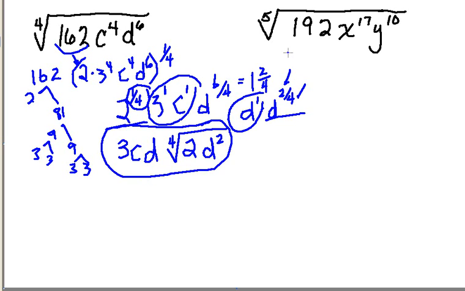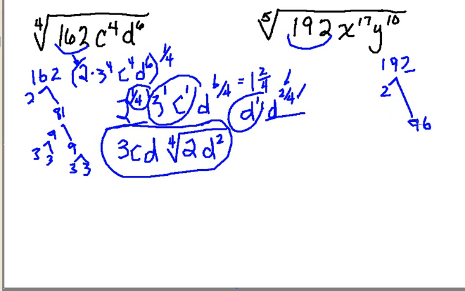Let's take this same rule and apply it to this other problem. Here I have 192. So let's break 192 down into its prime factors. It's going to be 2 and 96.